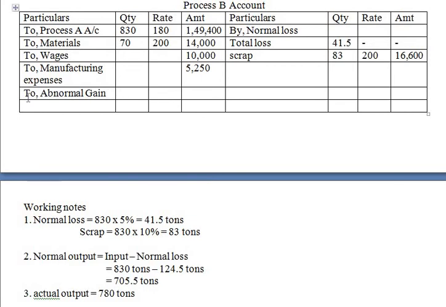Okay, it is 74.5 and the rate is 230 and the amount is 17,135. Okay, now close this.